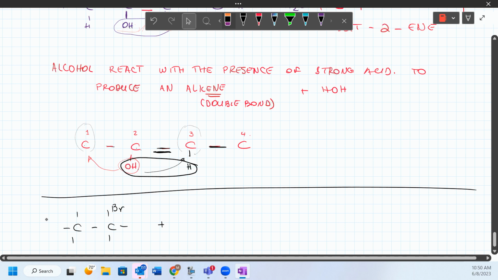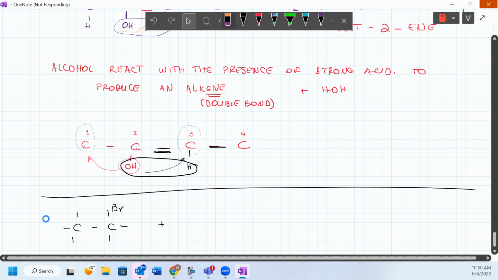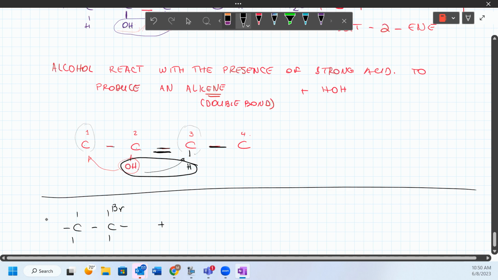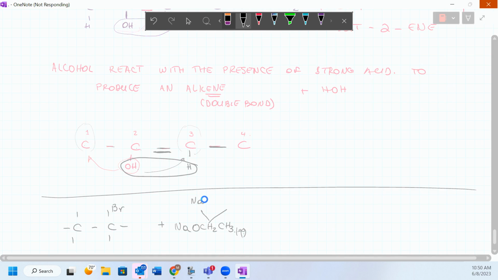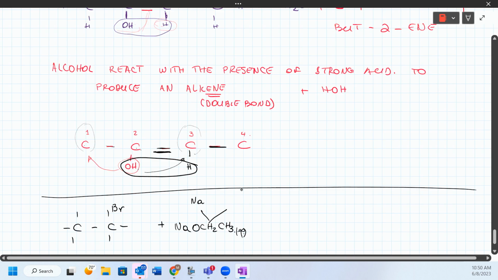Let's suppose that we have a strong base such as Na OCH2CH3 in the presence of ethanol. This being in aqueous solution, what we will actually have is Na plus and OCH2CH3 minus.